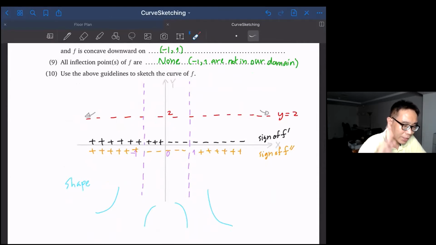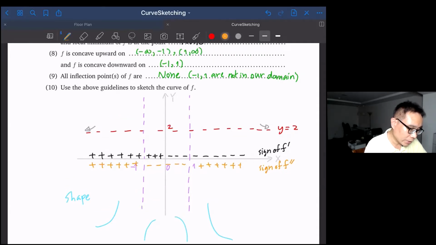It's going to be a nice smooth curve. So for this one, the graph has a horizontal tangent line at y equal to 2 and a vertical tangent line at x equal to negative 1. And the shape of the graph turns out to be increasing and concave up.